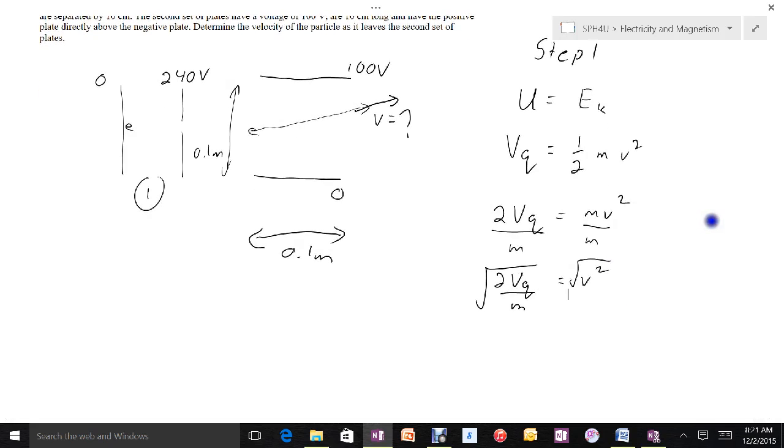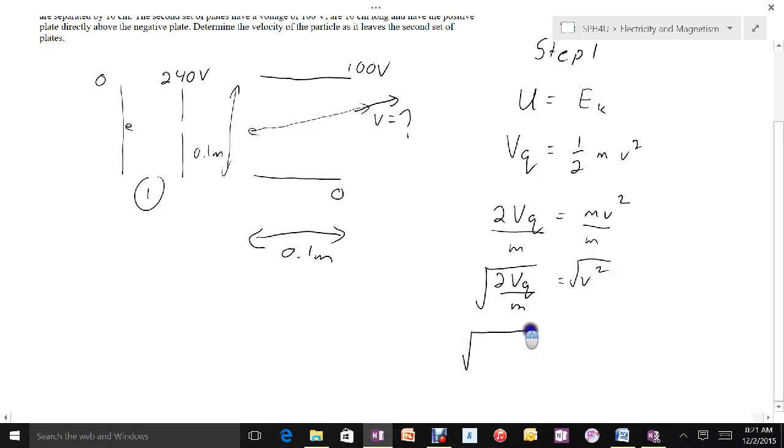So, 2 times my voltage, 240, times my charge on an electron, 1.6 exponent negative 19, divided by the mass of an electron, 9.1 exponent negative 31.